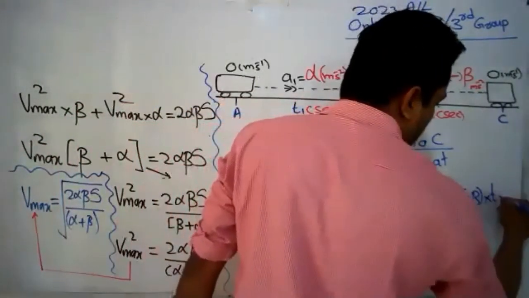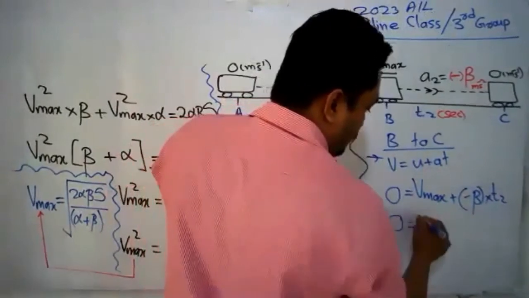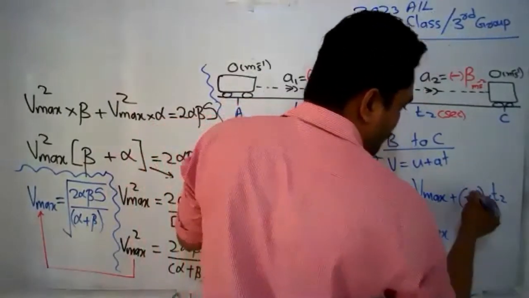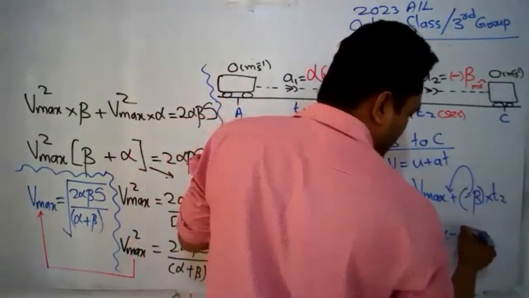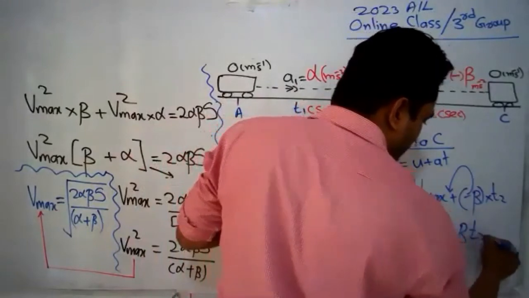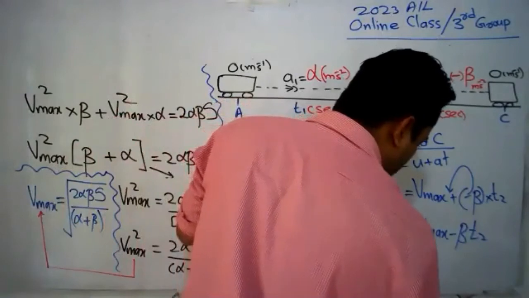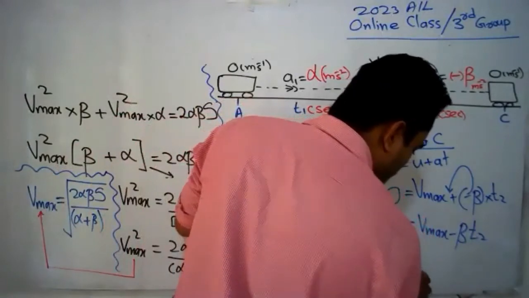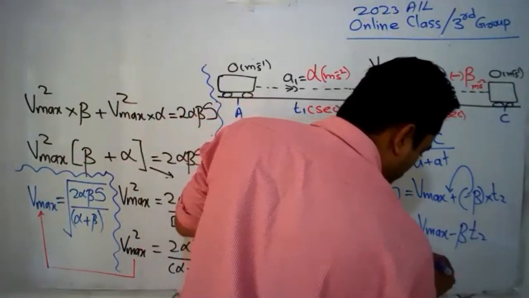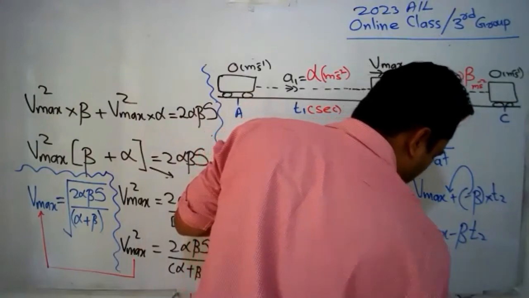Time taken is T2. So 0 equals V max minus beta times T2. Minus beta T2 comes this side as positive beta T2. Positive beta T2 equals V max.